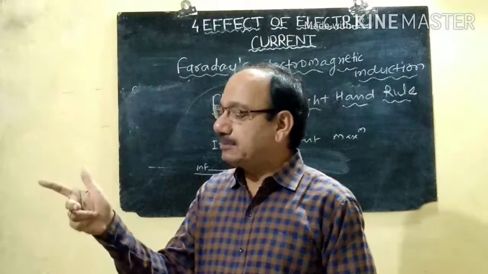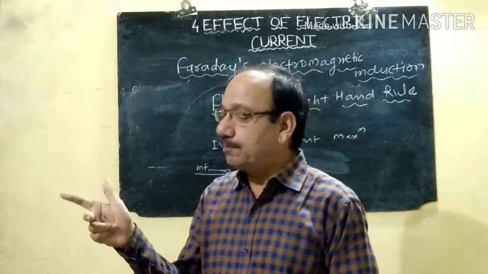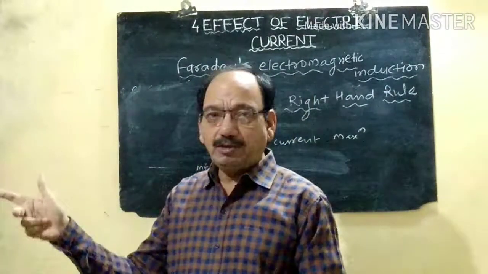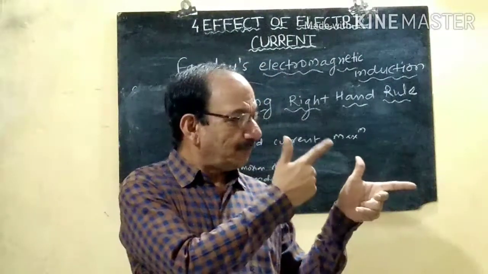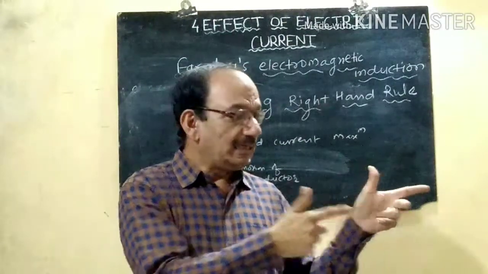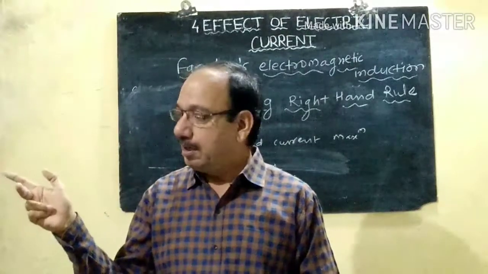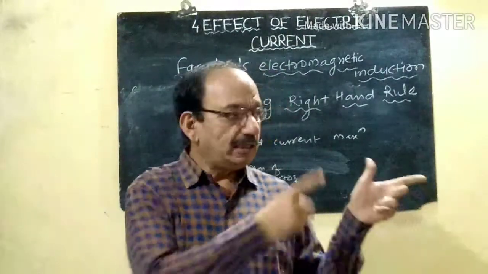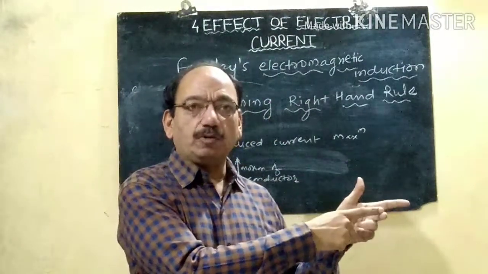If you compare this with Fleming's left hand rule, you just change one word: instead of right hand, you use left hand. The fingers are the same: thumb, index finger and middle finger. In the right hand rule, the middle finger shows the direction of induced current, while in the left hand rule, the middle finger indicates the direction of current.